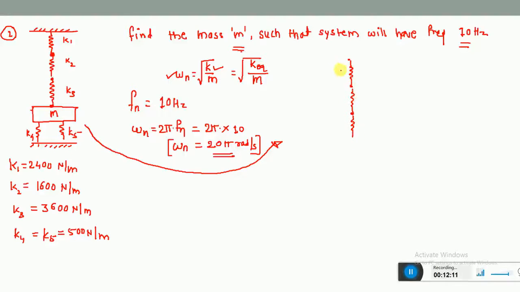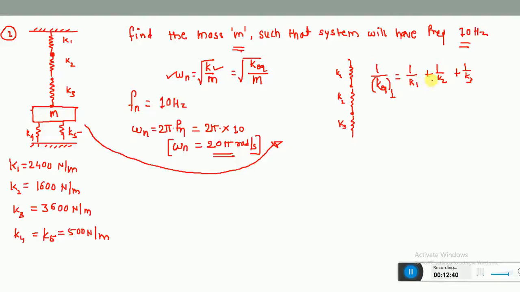So this is the series arrangement. This is K1, K2 and K3. So the formula for series arrangement is 1 upon K equivalent 1, which is equal to 1 upon K1 plus 1 upon K2 plus 1 upon K3.